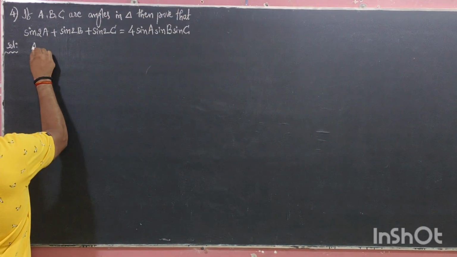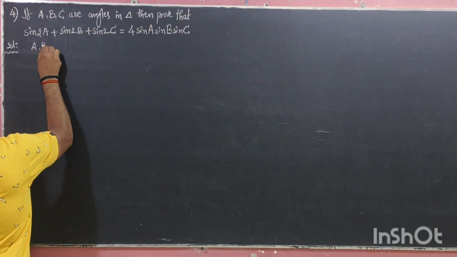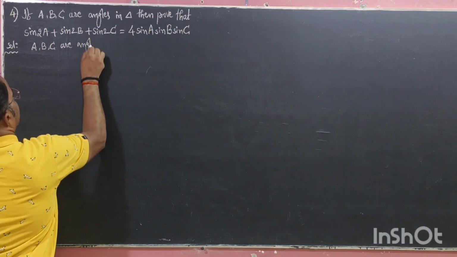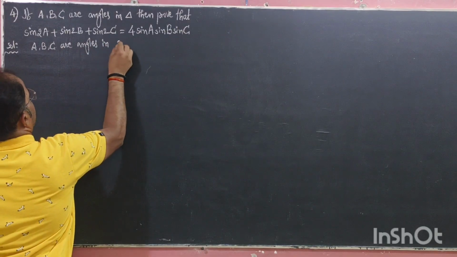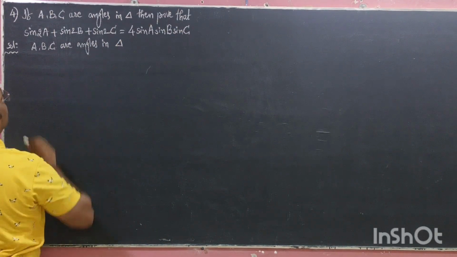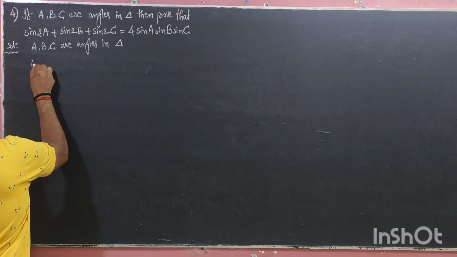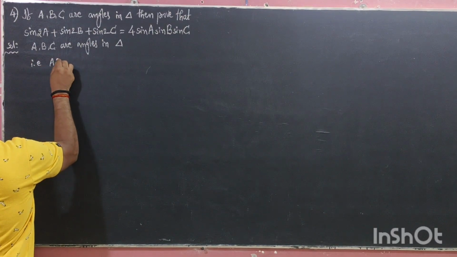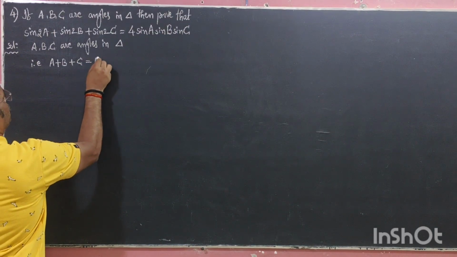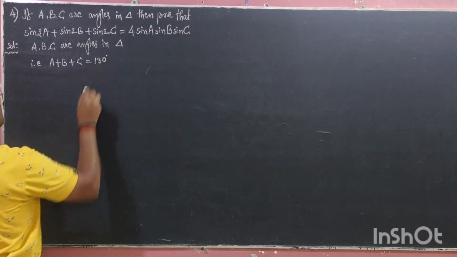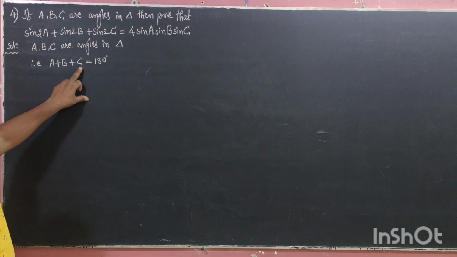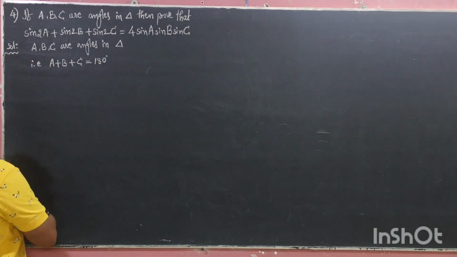So first of all, given that A, B, C are angles in a triangle, it means the sum of interior angles equals 180 degrees, that is A plus B plus C equals 180 degrees.